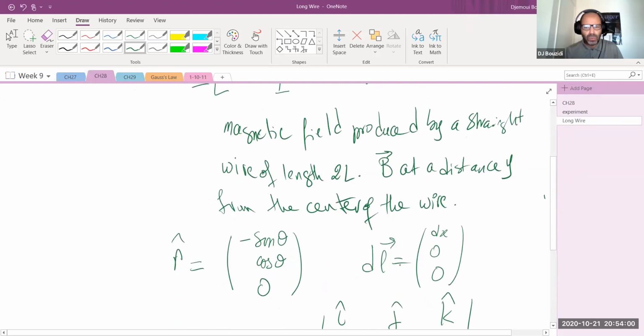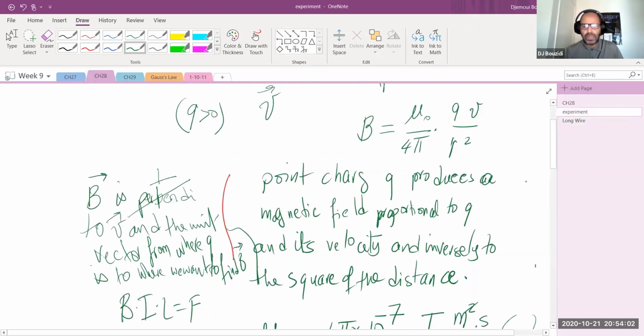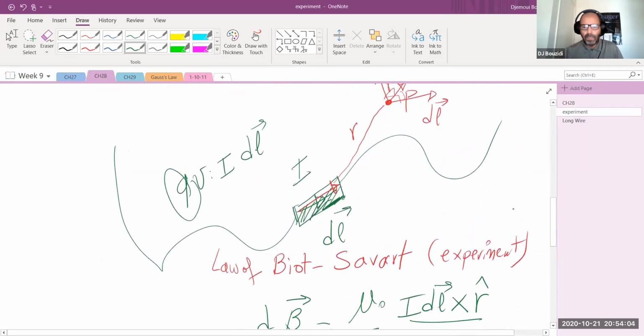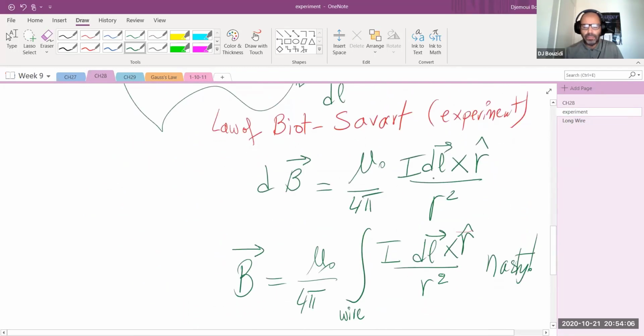We're not done yet. All we did was calculate this cross product. I still have to multiply it by I divided by R squared and sum through the entire wire. Remember, the wire is of length 2L.